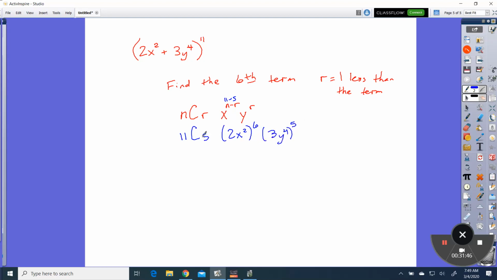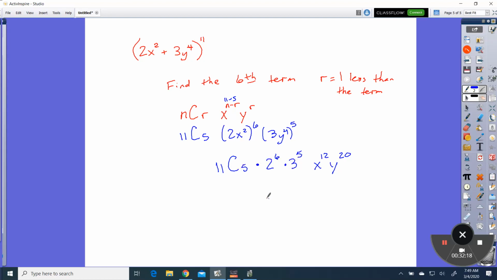So now you do 11c5, you're going to get a number, multiply that by 2 to the 6th, multiply that by 3 to the 5th, and then you're going to have x to the 12th at the end because you multiply the power to a power, and y to the 20th. So what do you get when you do 11c5 times 2 to the 6th times 3 to the 5th?